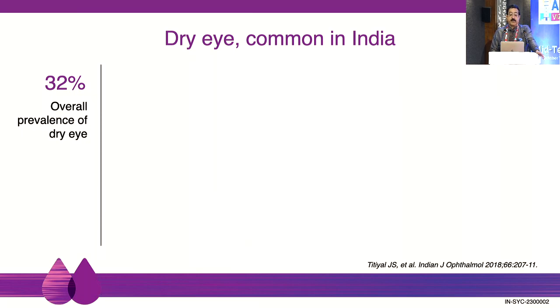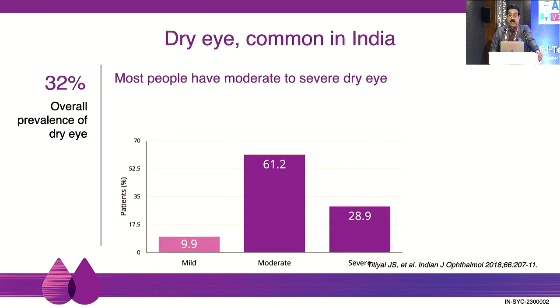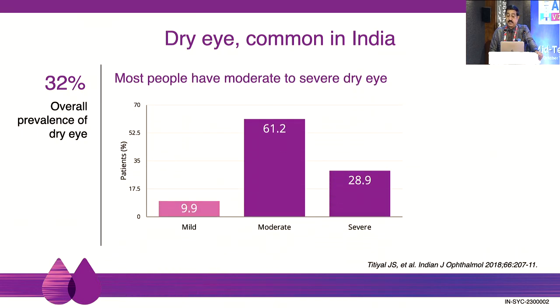32% of overall prevalence of dry eye. That's a huge number, and most people have this moderate to severe dry eye. And you can see that there is a 61% of moderate dry eye. When it becomes severe, then we are forced to treat. But when we should start treating is when it is mild to moderate.